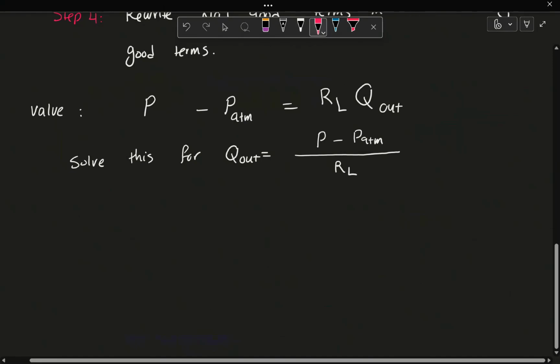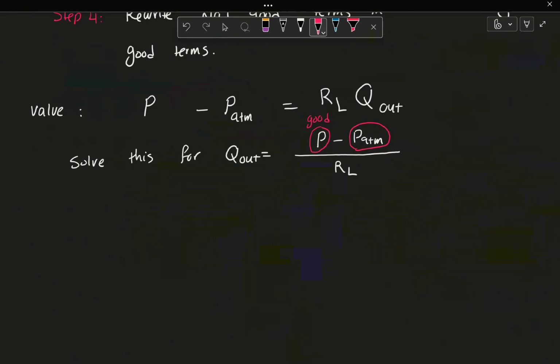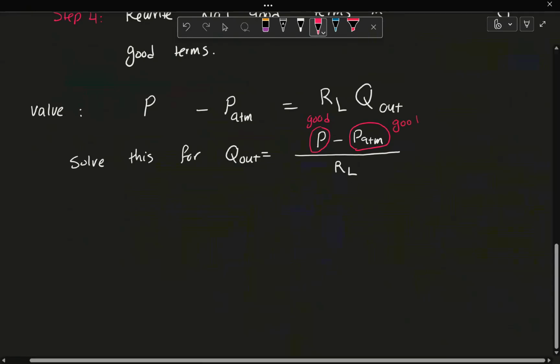Yes. Now, let's look at the terms in this equation. P, do you guys think that it's a good term or not a good term? Well, it's my dynamic variable, so it's a good term. P atmosphere, do you think that it's a good term or not a good term? Well, I think that it's a good term because it's my source.